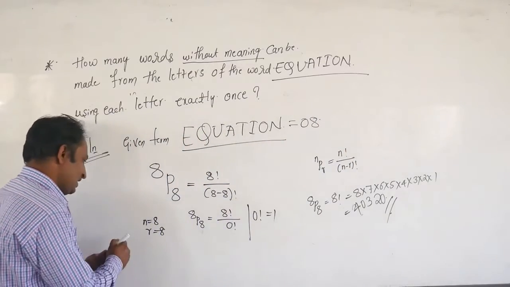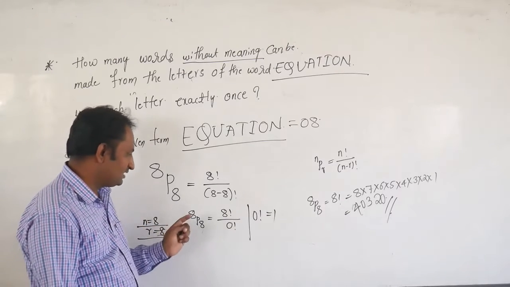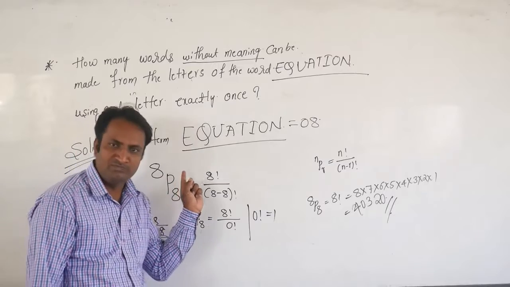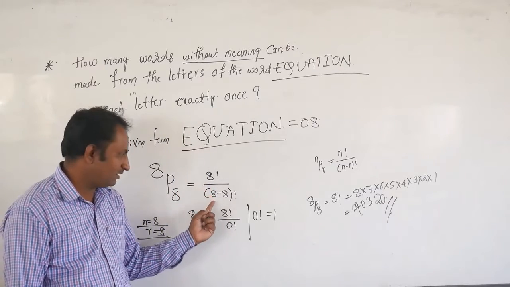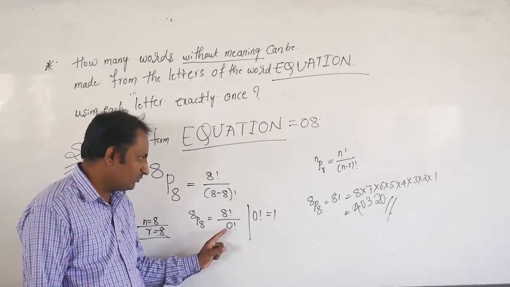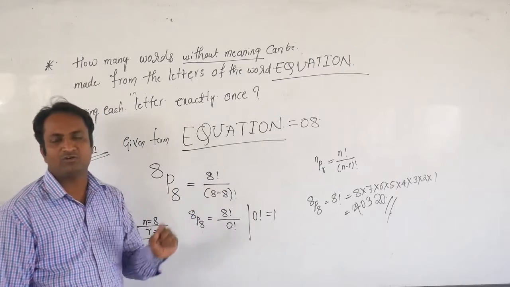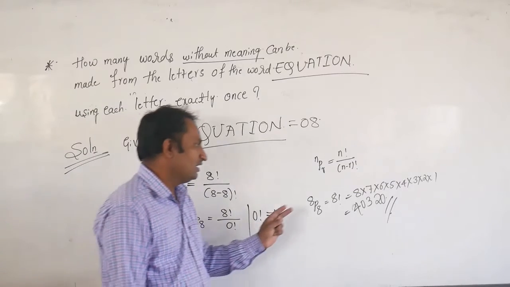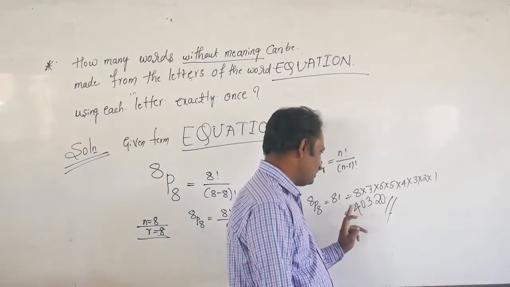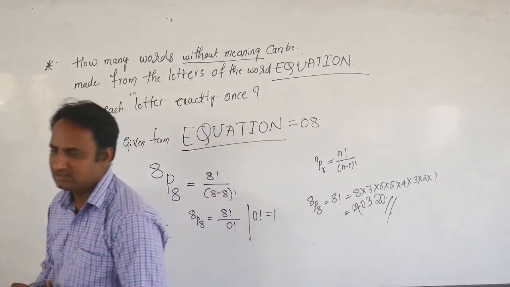Here the n and r values are the same, so n minus r is 0. Here the denominator term is 0 factorial, and the 0 factorial value is 1. That's why, expanding 8 factorial, we get 40320 as our resulting answer.